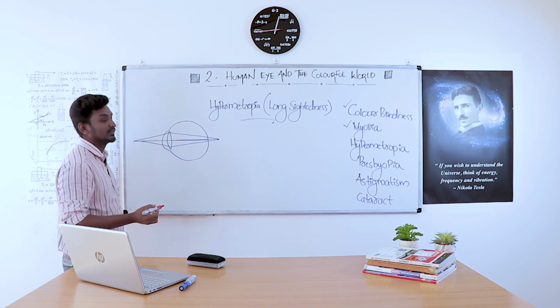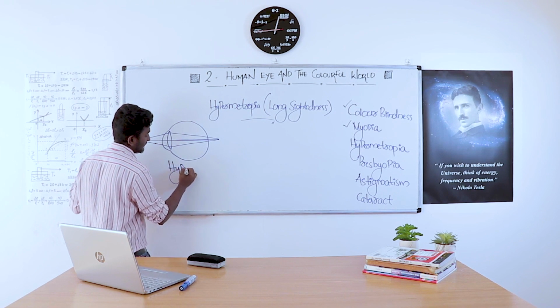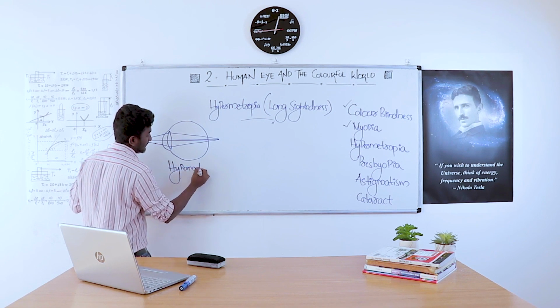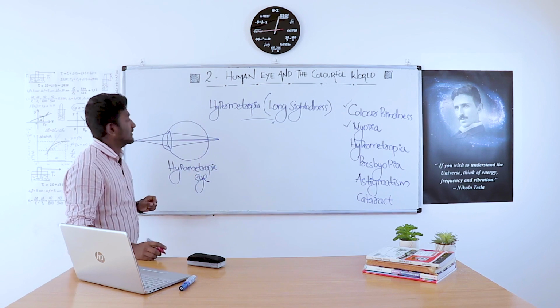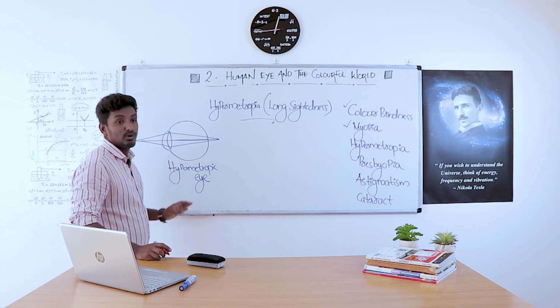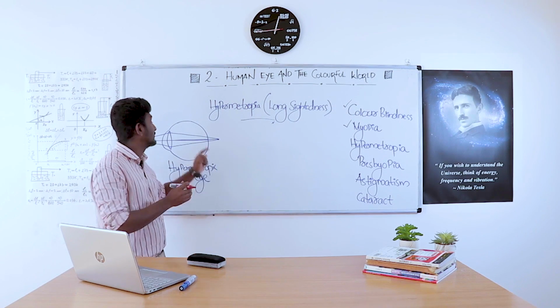Now look, this is a hypermetropic eye. For a normal eye, for normal vision, we know that the image should be formed on the retina.